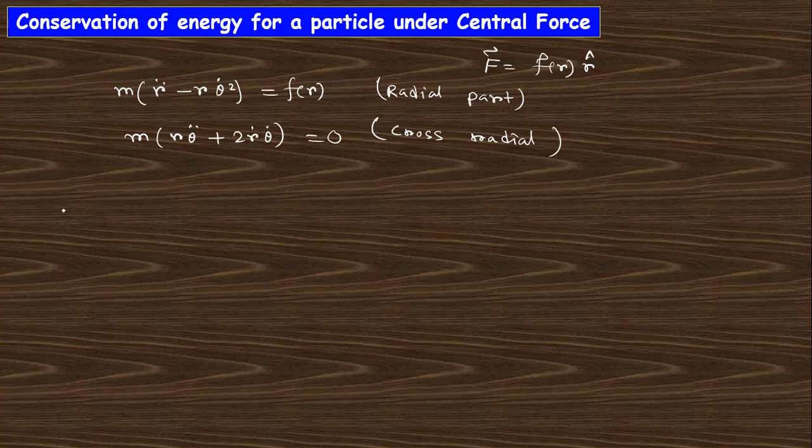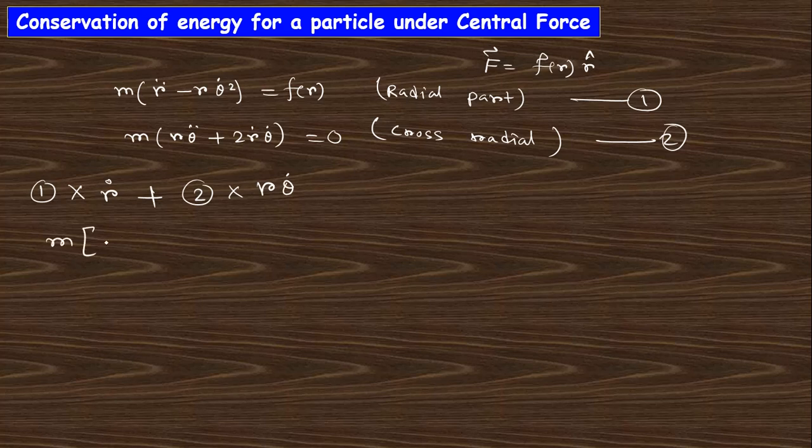Now this is equation 1 and this is equation 2. Equation 1 is multiplied by r dot, and equation 2 is multiplied by r theta dot, and then we add. Then what happens?